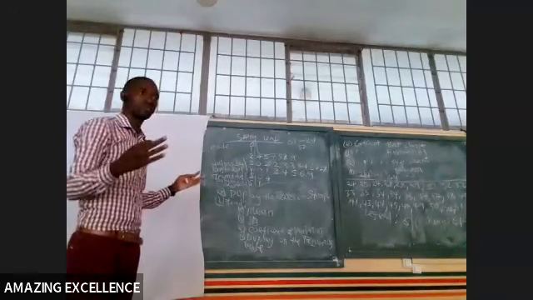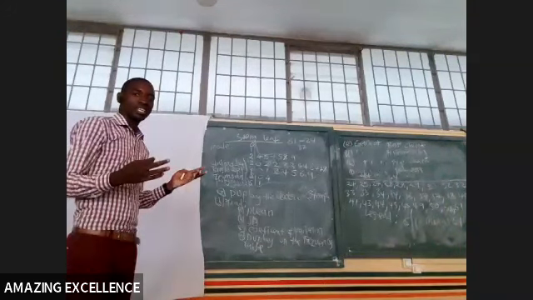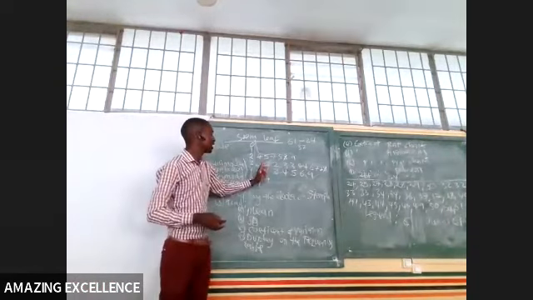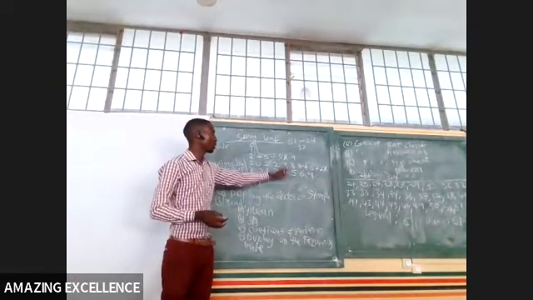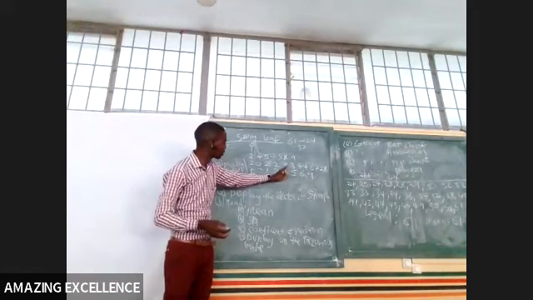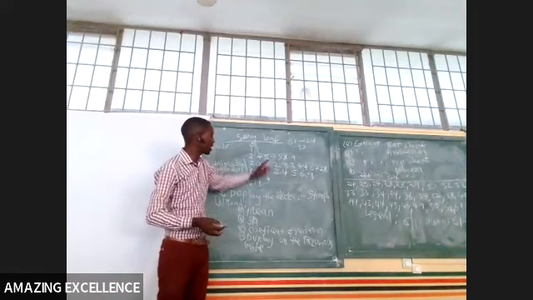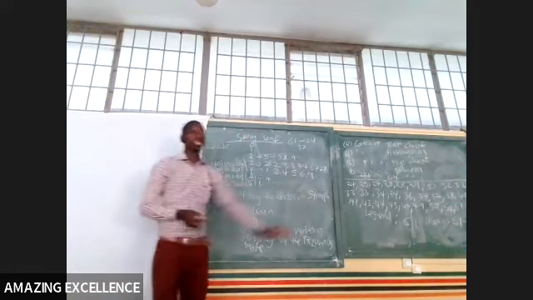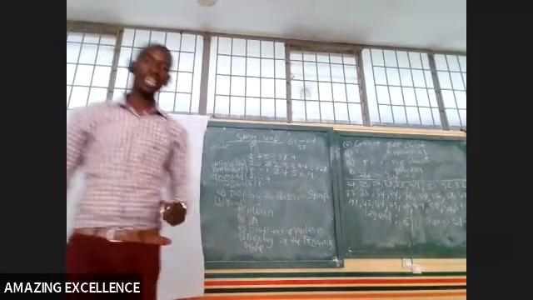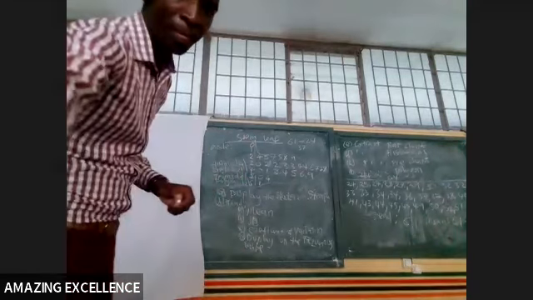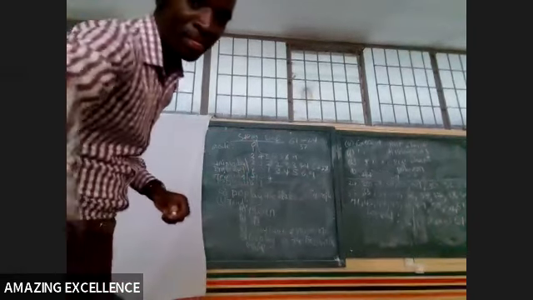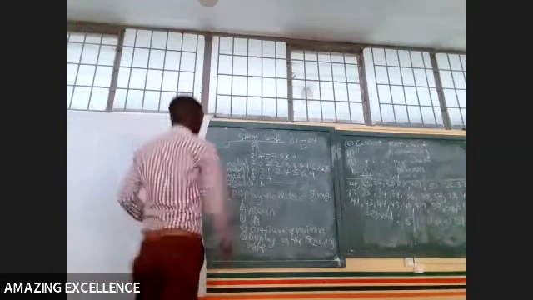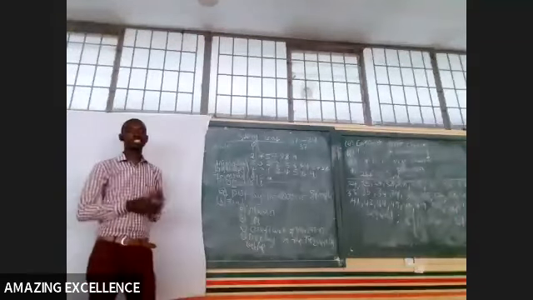You are supposed to list all of them: 28, 32, 33, 34, and 37. Is that clear? I hope this is clear, right?